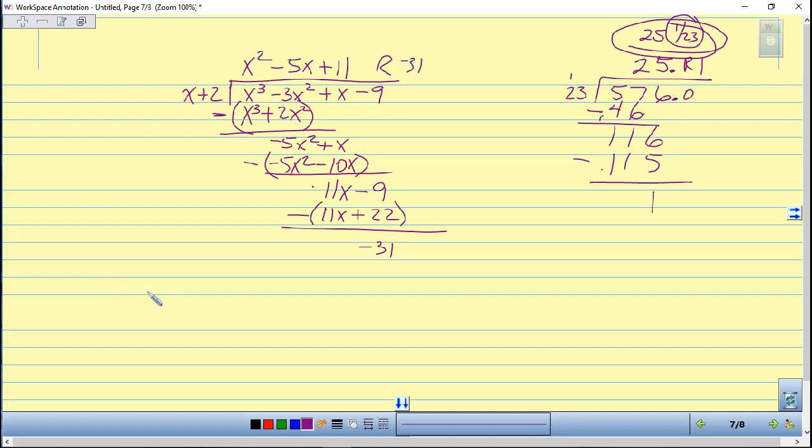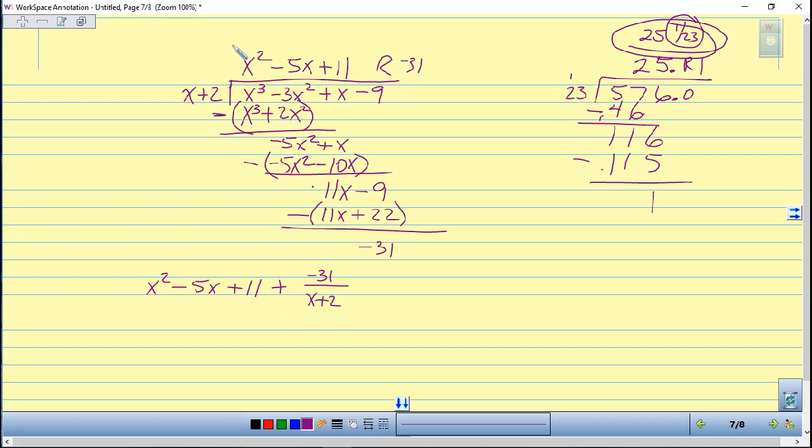And what you would do, the answer to this would be x squared minus 5x plus 11 plus negative 31 on top over x plus 2. So we make that fraction out of the remainder and the divisor. So the remainder over the divisor makes the fraction that we add on to make this the true complete answer.